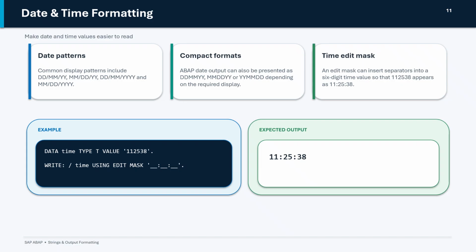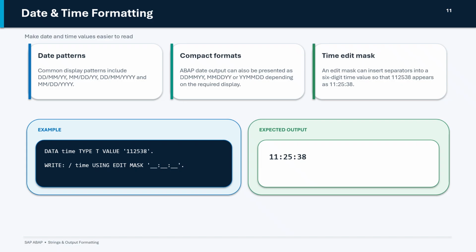Using the edit mask, we insert separators between the hours, minutes and seconds, and the final result is displayed like this. This makes the output much easier for the end user to read.